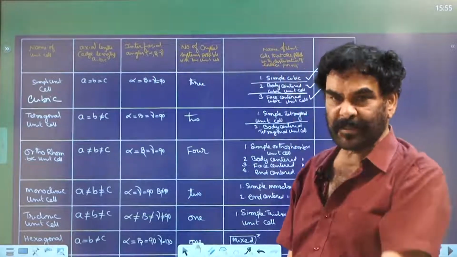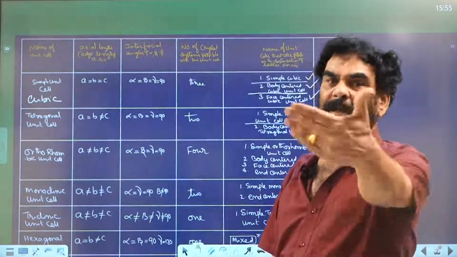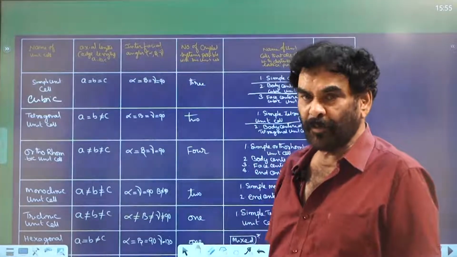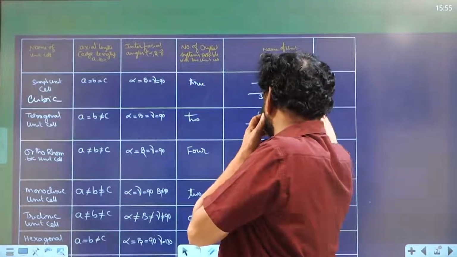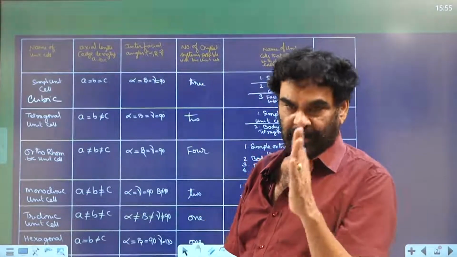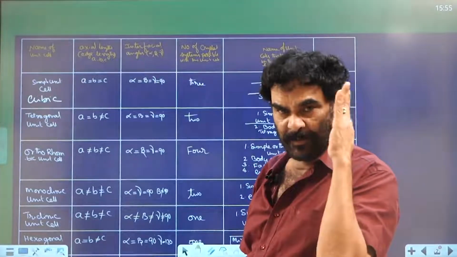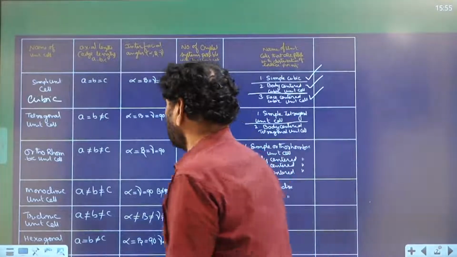So three types of unit cells are again possible. That is, three cubic unit cells are possible: with lattice points at the corners, corners plus center, and so on.